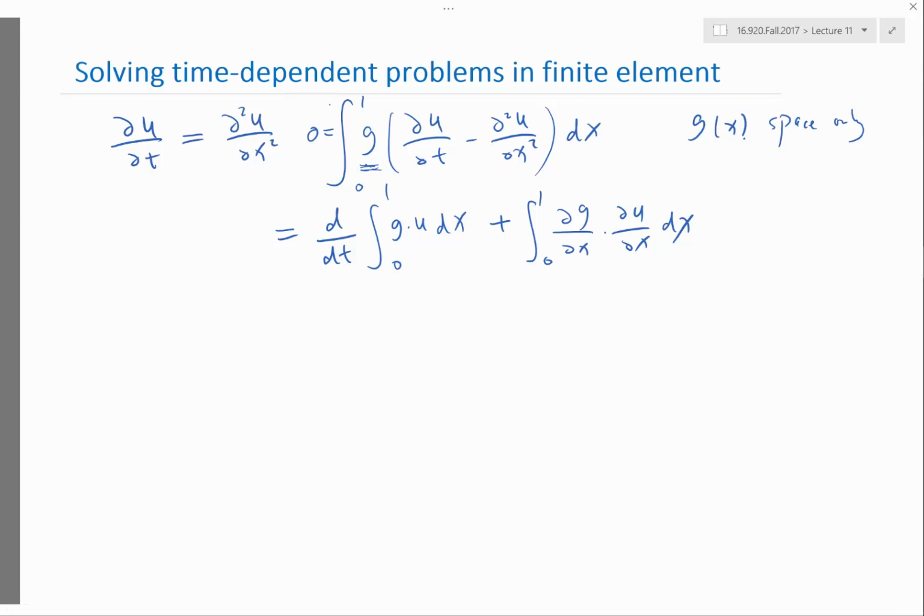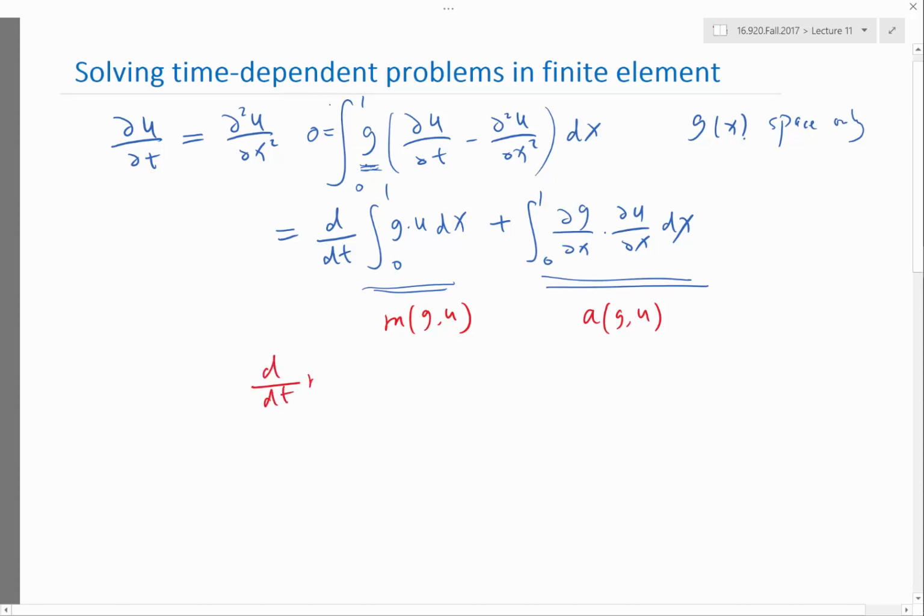In this weak form, I have two bilinear forms. Let's denote the first as M of g and u, and the second as A of g and u. The two bilinear forms form a time evolving system: M of g, u plus A of g, u has to be equal to 0.